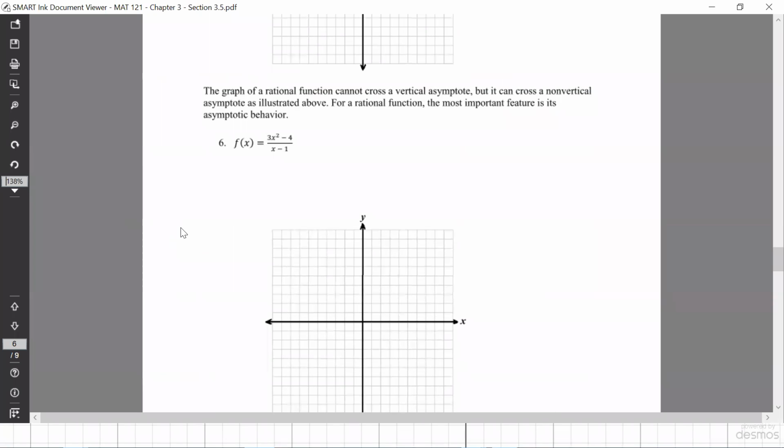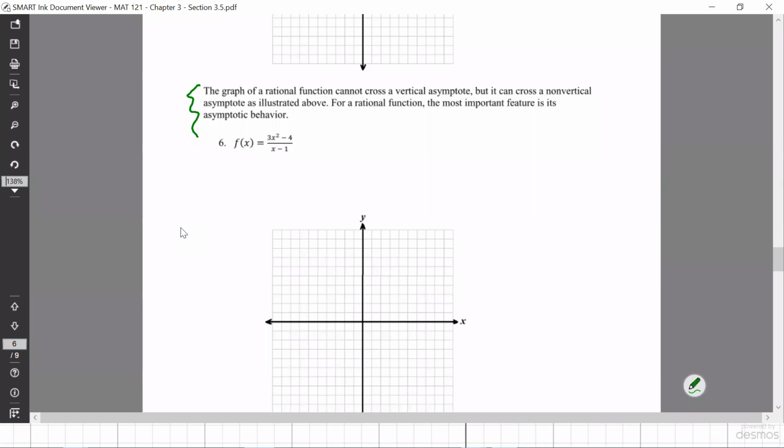This little paragraph over here is pretty important because it's telling you that your rational function cannot cross a vertical asymptote. So there's no way you're going to see it cross the vertical like it does with the horizontal. But with horizontal and oblique, it can still cross like we saw in the example just now.